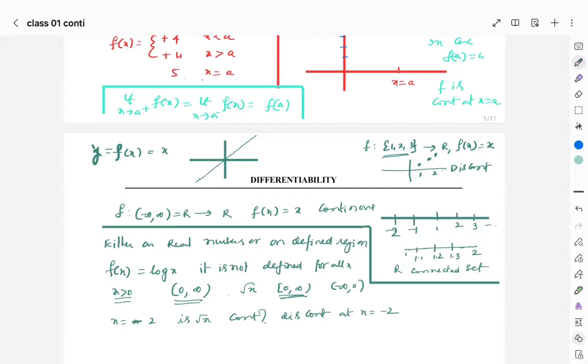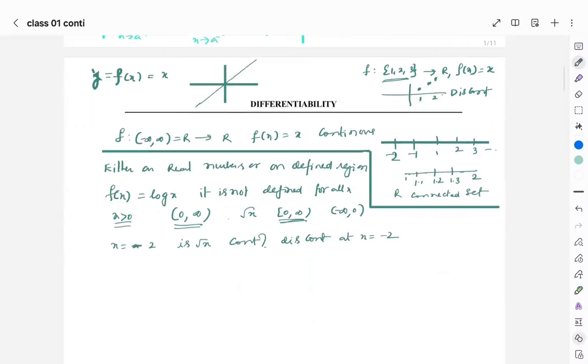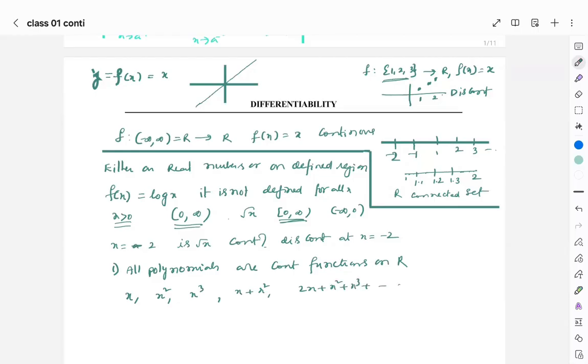So like that, which are continuous functions and which are discontinuous functions? The first point here is all polynomials are continuous functions on real numbers. What are polynomials? x, x square, x plus x square, 2x plus x square plus x cube. These are all polynomials.